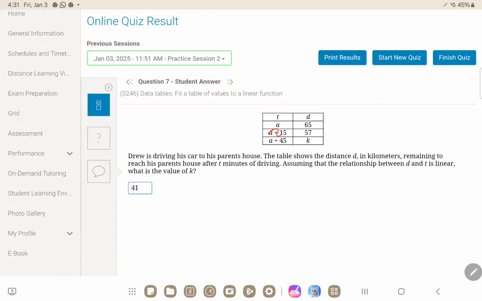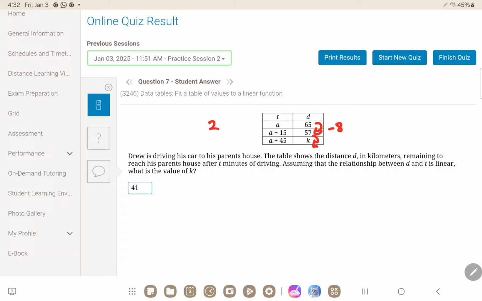So when you added 15 to the time, it decreased by 8. So what if you add another 30 to the time? If you increase by 15, it decreases by 8. If you add another two 15s, so another 15 and then 15 again, so you increase the time by 30. How many 15s are in 30?